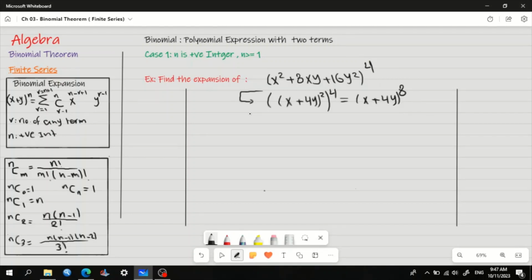Okay, here n equal to 8, so number of terms equal to 9.